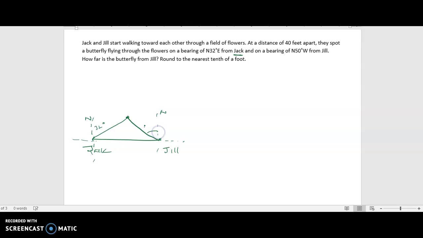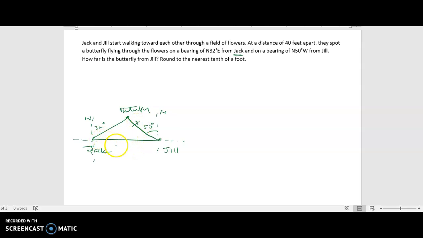So this angle is 50 degrees. He's asking how far is the butterfly from Jill? This is what we need to find. This is the butterfly, so we'll call the distance x.